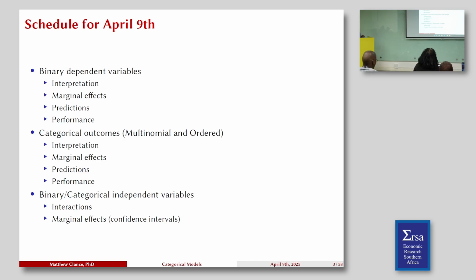Okay. So we're going to do binary models. I'm going to throw back into this the linear probability model. It's just because we only spoke about it a little bit, but in some ways we can do a comparison between these models and the MLE models. So we're going to look at interpretation and marginal effects.